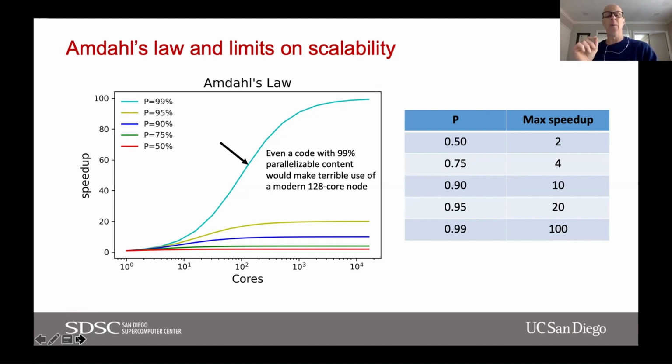Even there, if we're running on a single node with 128 cores, that's typically what you'll find on Expanse, Bridges at the Pittsburgh Supercomputing Center and other clusters, even though we could get a maximum speedup of 100, if we're using all 128 of those cores, we're making terrible use of that node. So basically, we would be using 128 cores, but only getting a speedup of about 60.